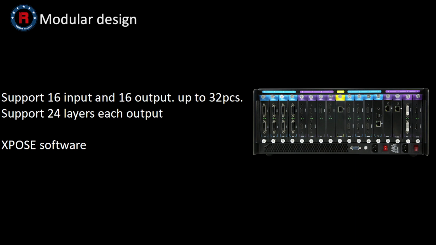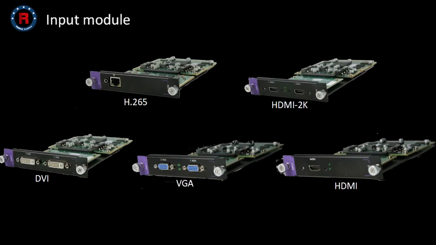Now let's check the input module. As with other RGBlink product series, Q16 also uses the modular design. Modular design means you can replace and change the input module or output module directly to meet the different industry requirements.